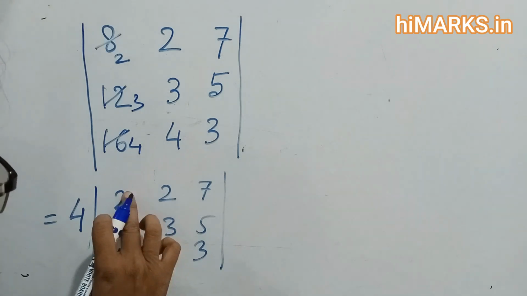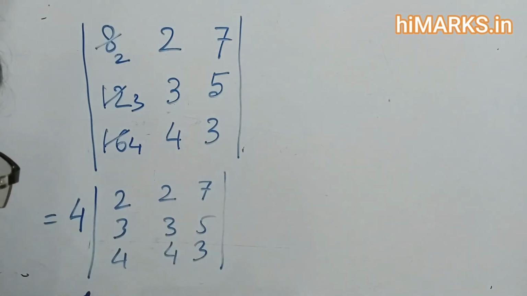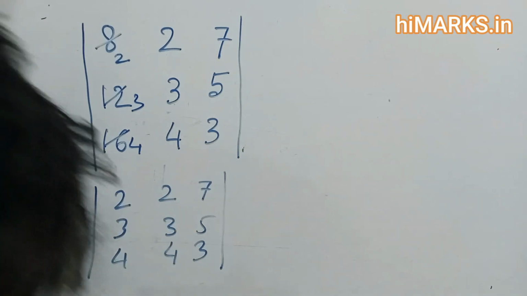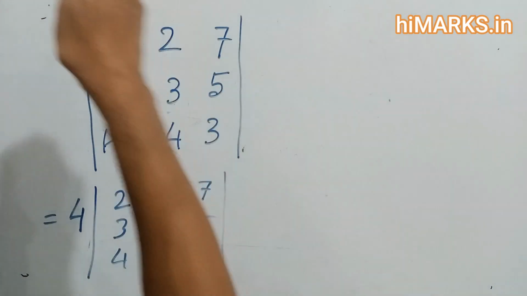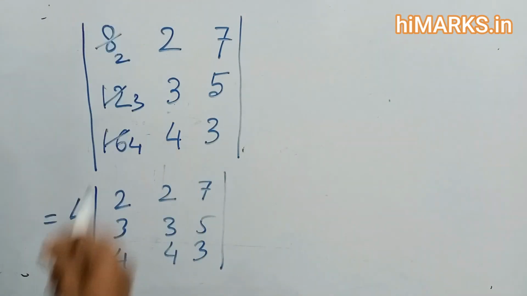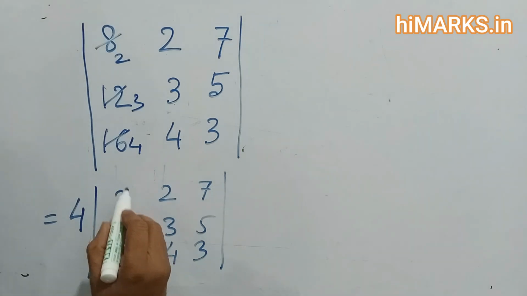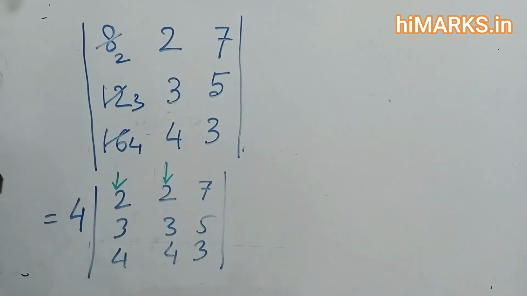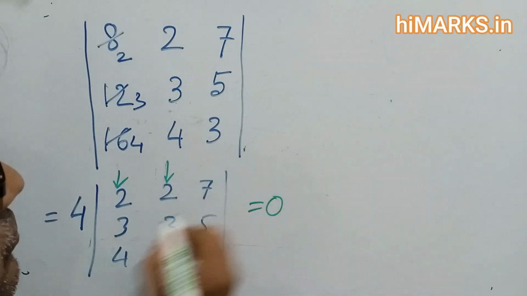Now this minus this will give 0, or two columns or two rows become the same in any matrix, so the matrix value becomes 0. As these two columns become the same, this matrix value will be 0.